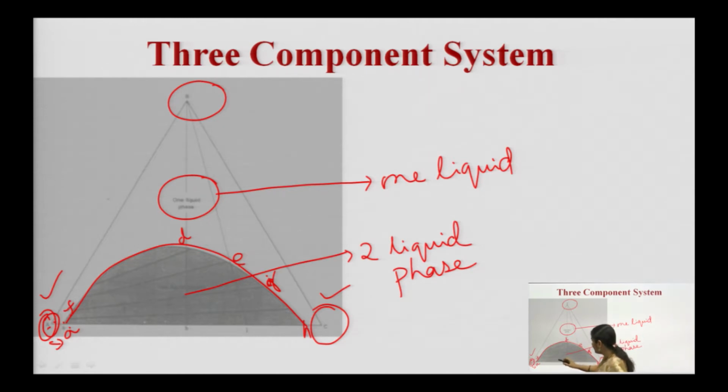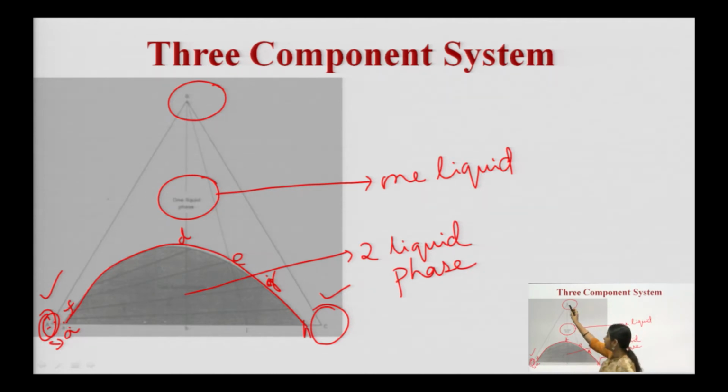The tie line produced in this 3 component system need not be parallel to the AC line, but in the 2 component system the tie line was parallel. In the 3 component system it depends on its miscibility.